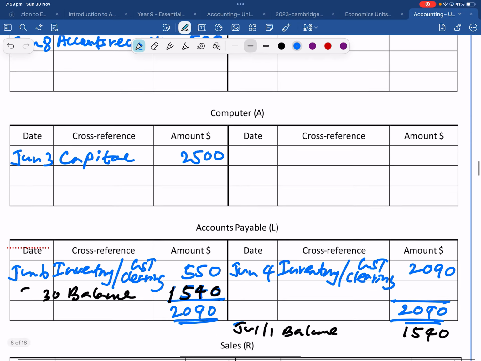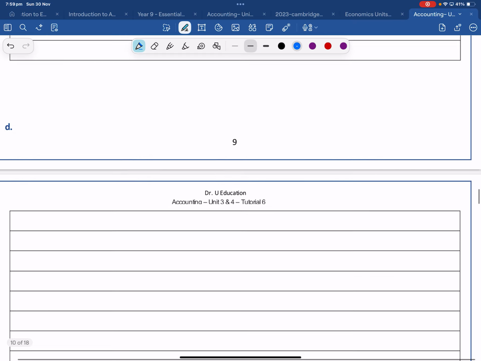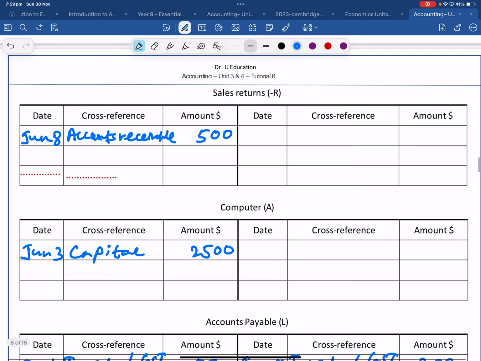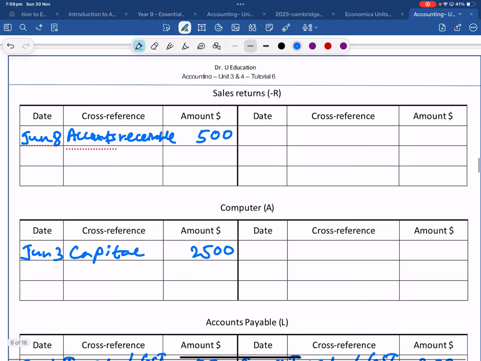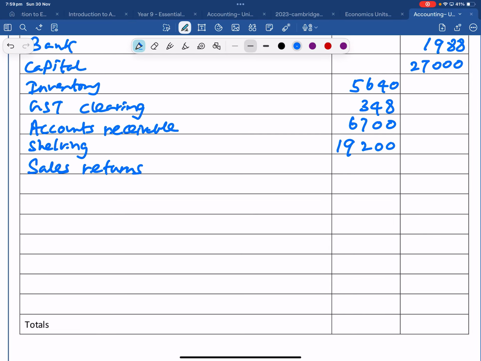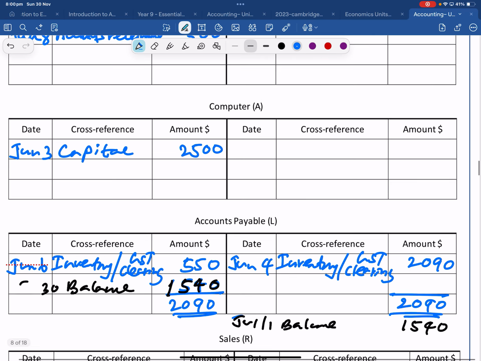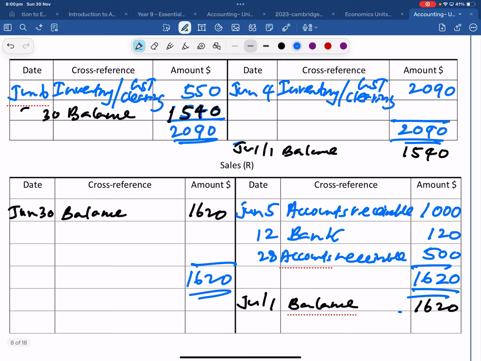Accounts receivable 6700, shelving 19,200. Then sales returns 500, computer 2500. Accounts payable 1540, sales 1620.